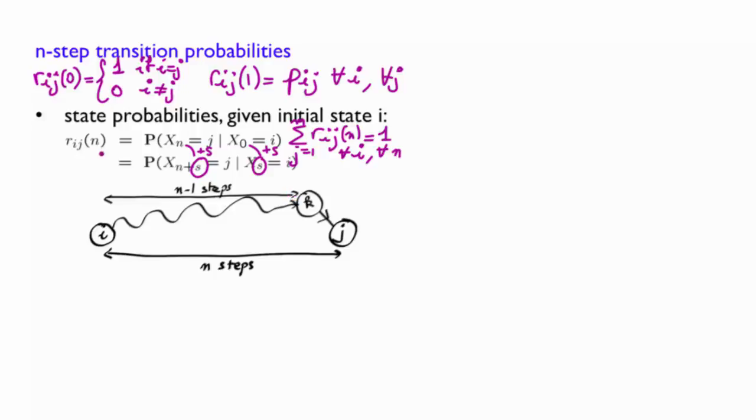And this wiggle path here represents all possible ways of doing that. Using the definition above, that probability of going from i to k in n-1 steps will be r_ik(n-1). Now, assuming that you ended up in state k in n-1 transitions, the probability that you end up in state j in the next transition is simply the one-step transition probability, p_kj.